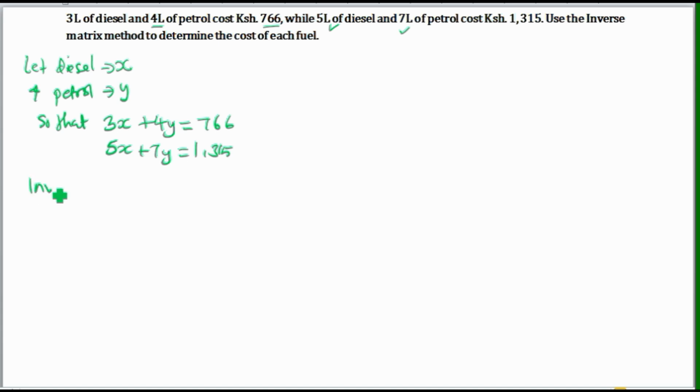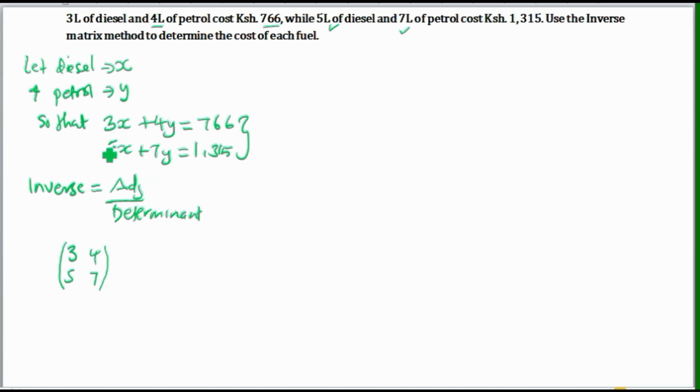Now we know that the inverse of a matrix is given by the adjoint divided by the determinant. Okay, first of all, let's write these two equations in matrix form. So rewriting them in matrix form, we shall have 3, 5, 4, and 7.